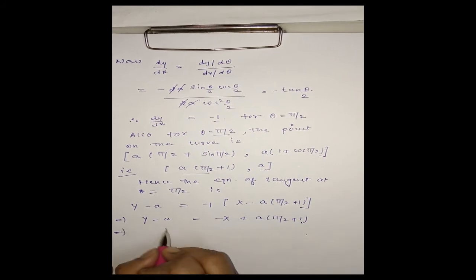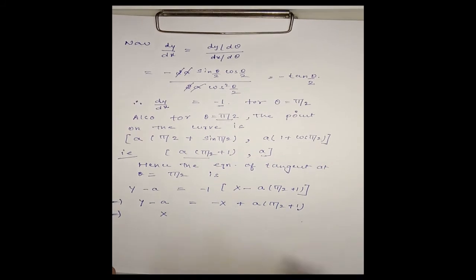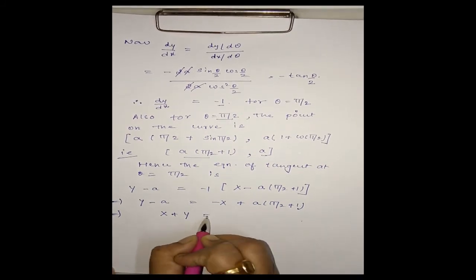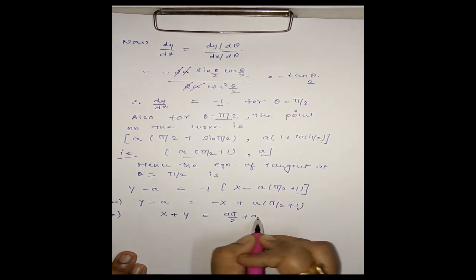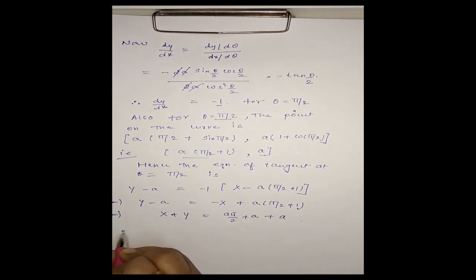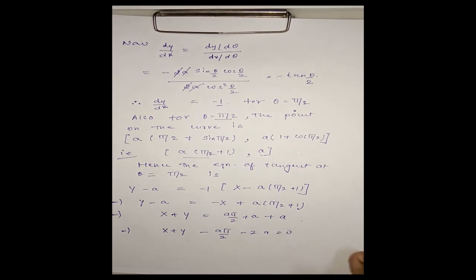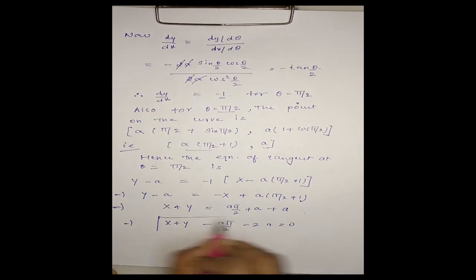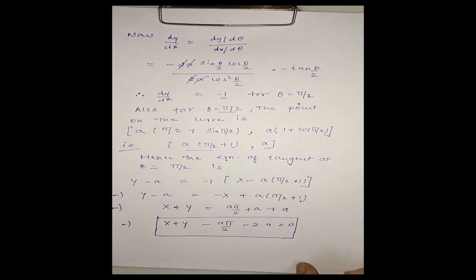This gives us, taking x on the left hand side, x plus y is equal to aπ/2 plus a plus a. That is, x plus y minus aπ/2 minus 2a is equal to 0. This is my equation of tangent at θ equal to π/2. In the same way, we can find the equation of normal at θ equal to π/2.